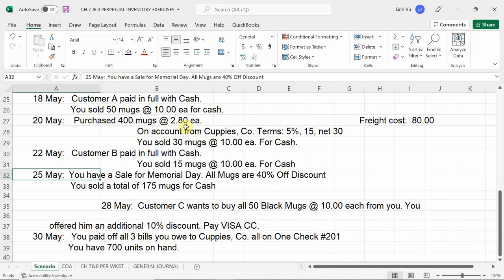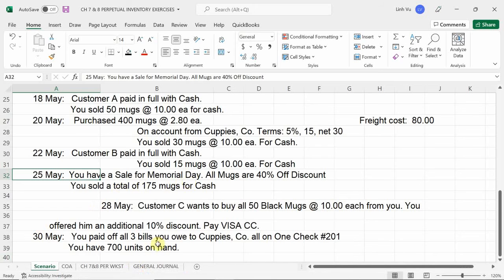At the end of that day, you sold a grand total of 175 mugs for cash. So again, you have a Memorial Day sale. Everything is 40% off on the mugs.